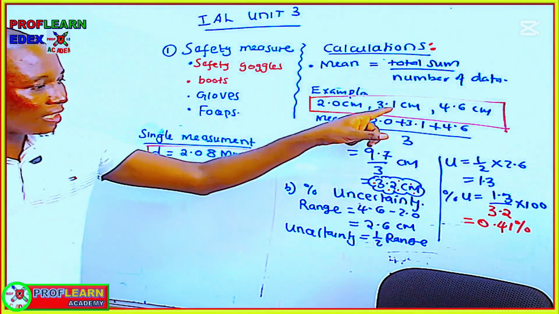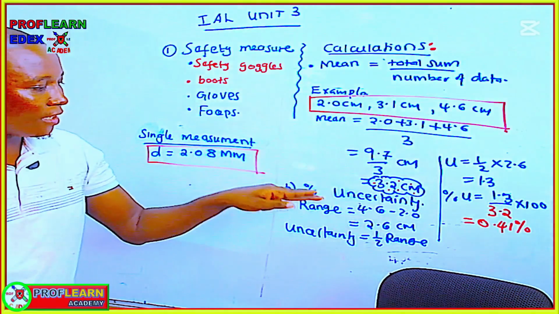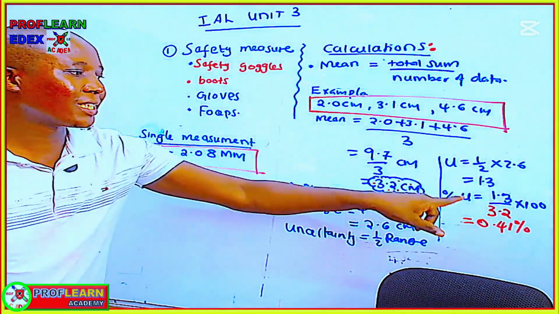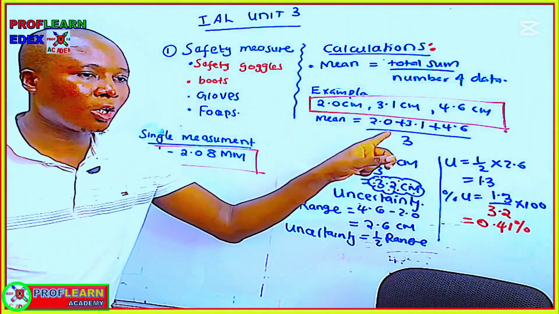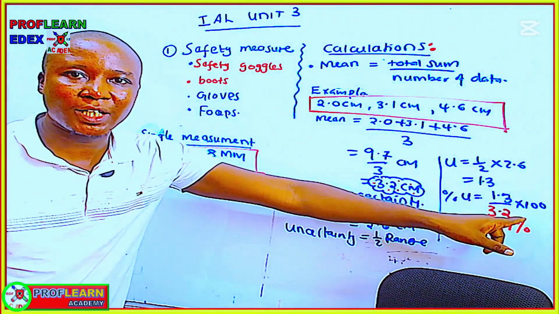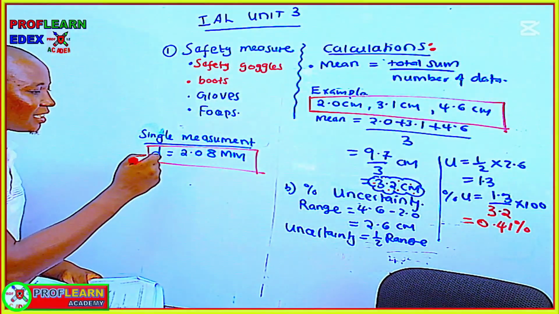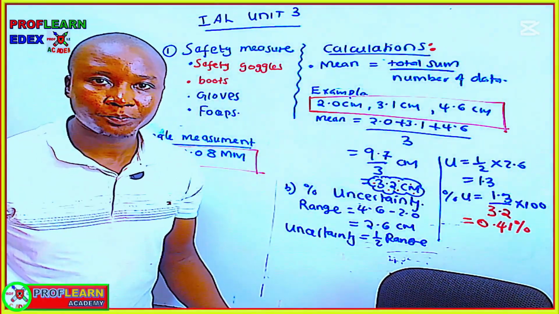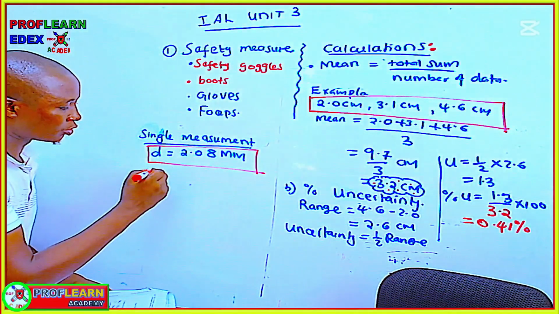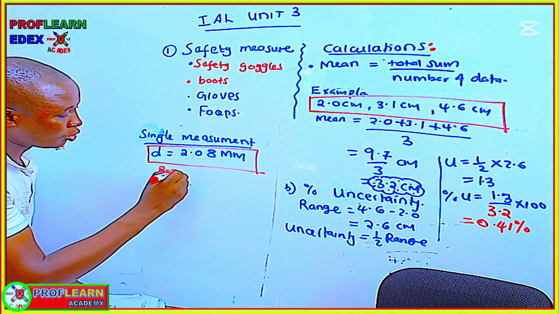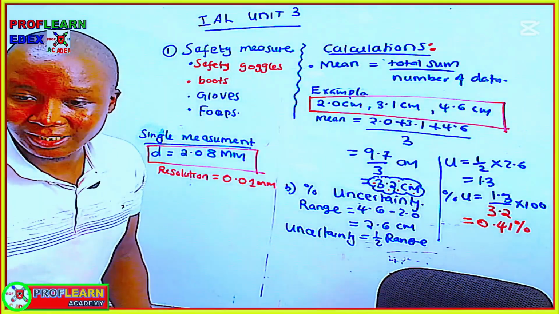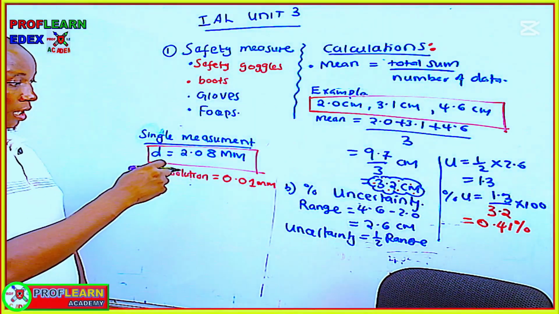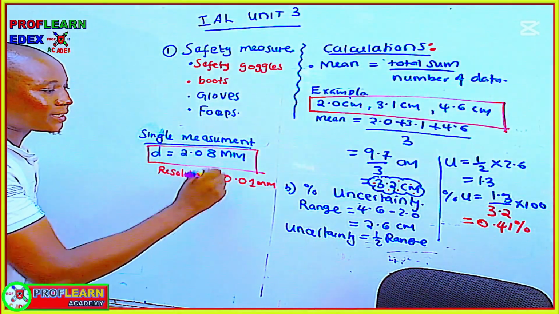So whenever you are given this one, you have to find the mean, then find the range, use the range, divide by 2, you get the uncertainty, use that uncertainty divided by the mean that you got to get the percentage uncertainty for that. But when you will be given a single data value like this, you are going to use the concept of resolution. The resolution of this instrument, we say resolution here, is the least unit this instrument that was used here can measure. Yeah, and this could be a micrometer screw gauge.